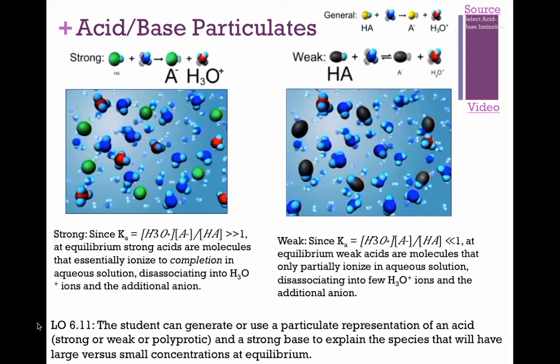Okay, and then we shift to acid-base. Acid-base particle diagrams. This learning objective says students can generate or use a particulate representation, a particle diagram, of an acid and base to explain what you have more of at equilibrium.